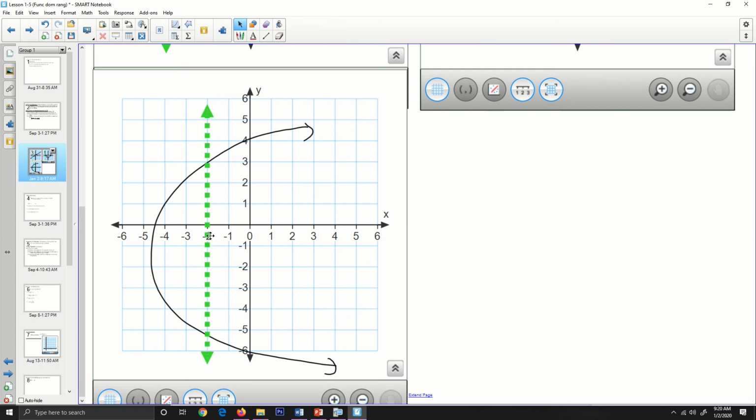If I move it over to -2 here, we can clearly see that this x value has two y values that it corresponds to. So this one right here is not a function.